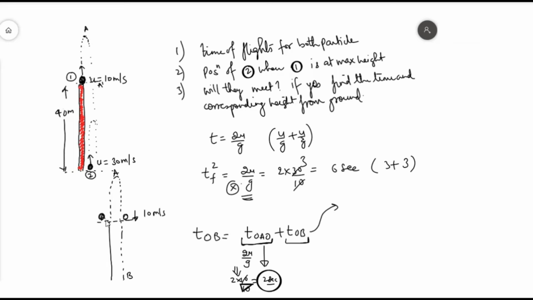The up speed was 10, so the down speed is again 10 meters per second. Now we have to travel a distance of 40, so for this motion I'm going to take downward as positive, so the distance to be traveled is 40.